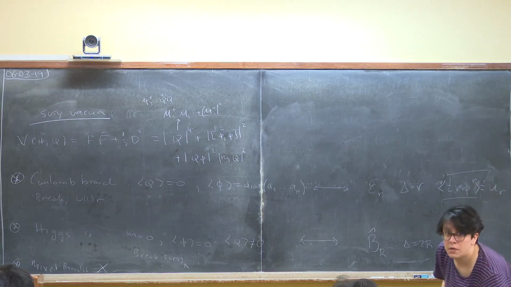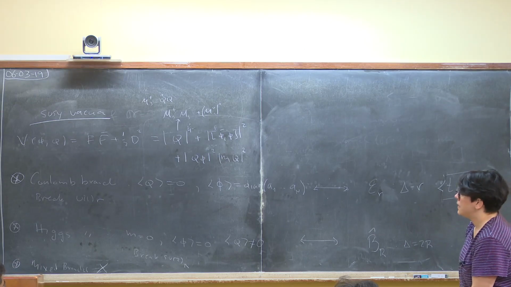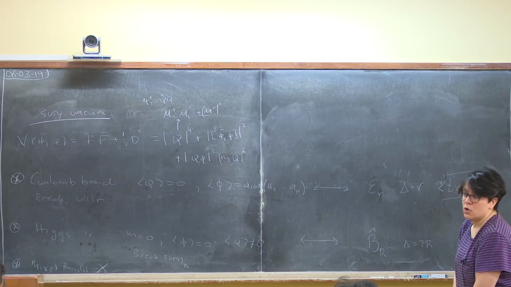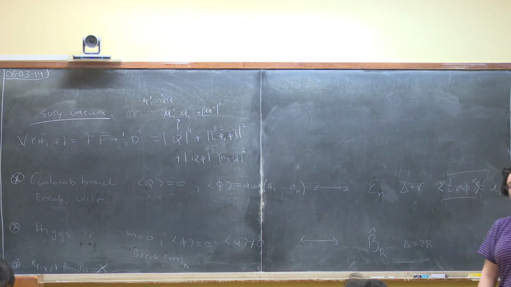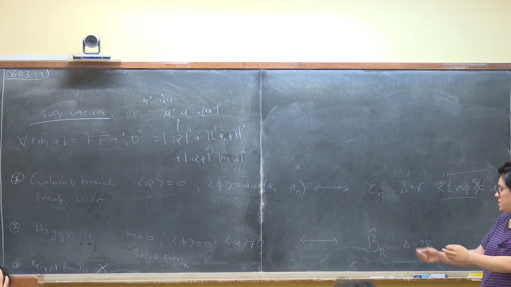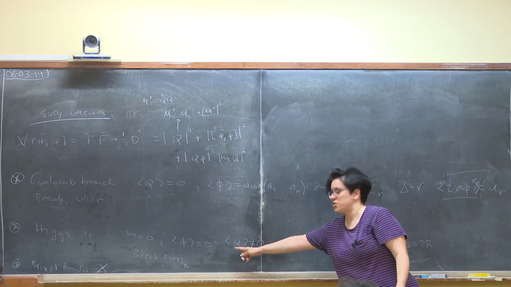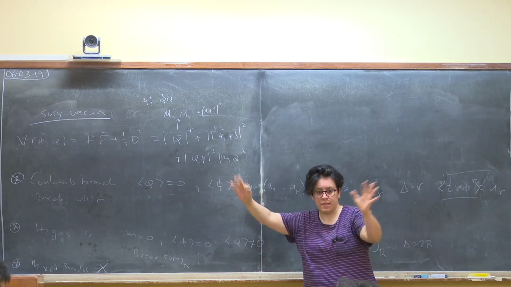Good. The effective theory is just non-interacting at these points, right? I mean, what do you mean? If you go to a particular point in the Higgs branch, you can have interactions. Going to the Higgs branch, you just replace wherever you see Q in your Lagrangian by Q VEV plus another Q. But then there are interactions.